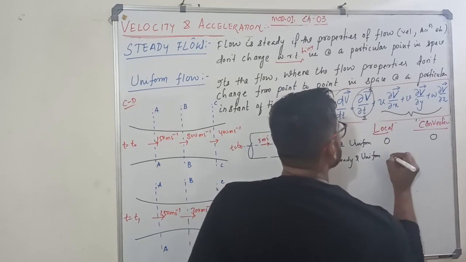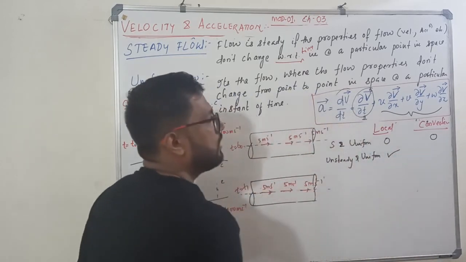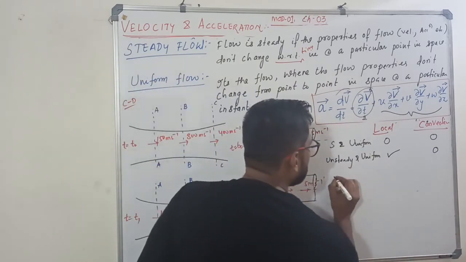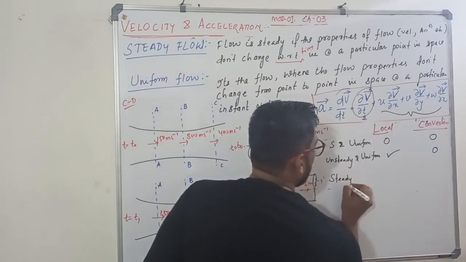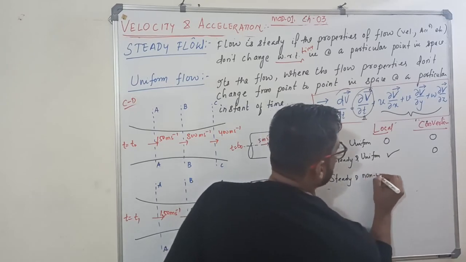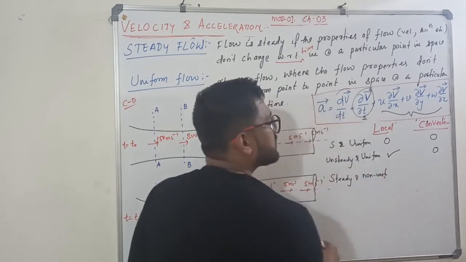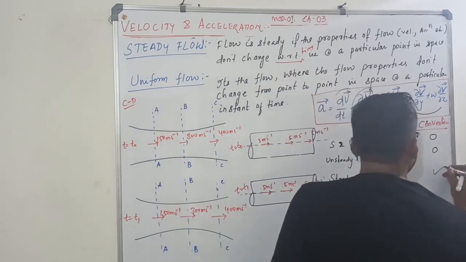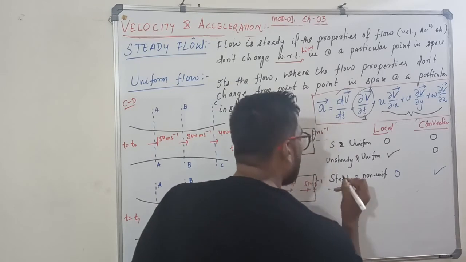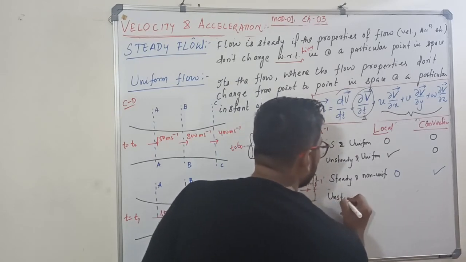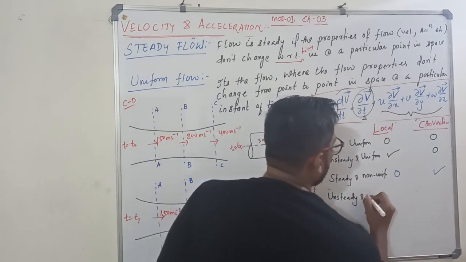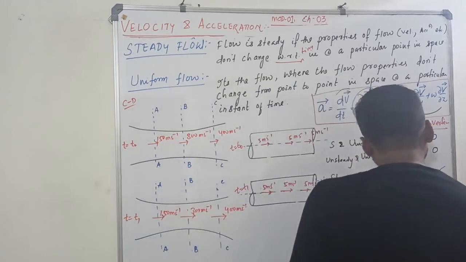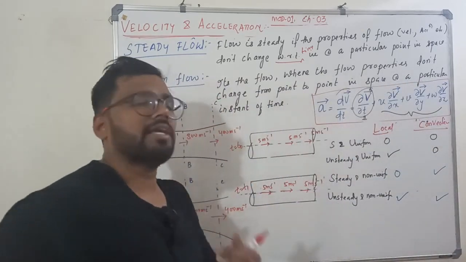Local acceleration is there, convective acceleration 0 because uniform flow. What if it is steady and non-uniform? Steady means local acceleration 0, convective will be there. What if it is unsteady and non-uniform flow? It has local acceleration as well as convective acceleration.